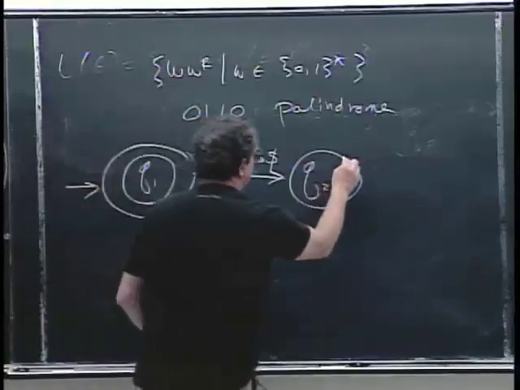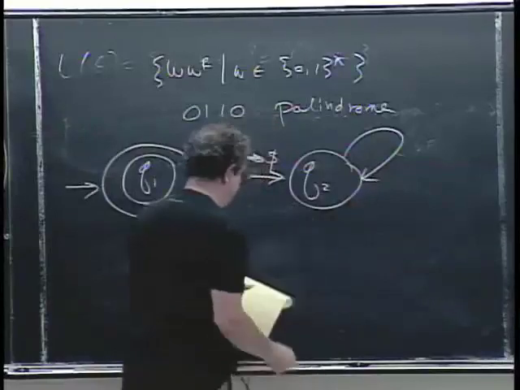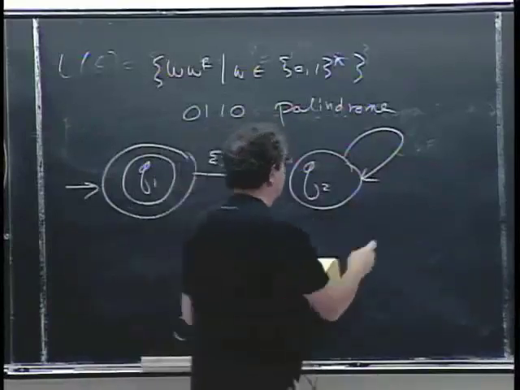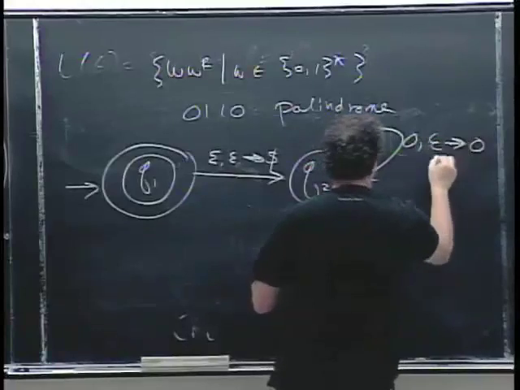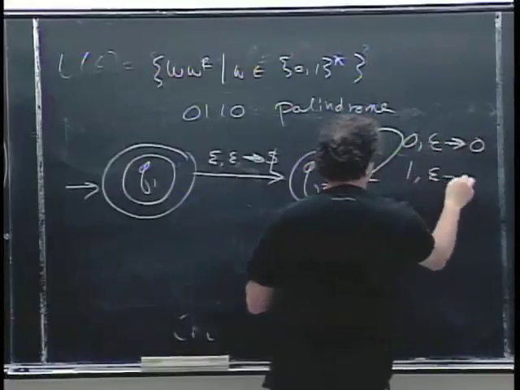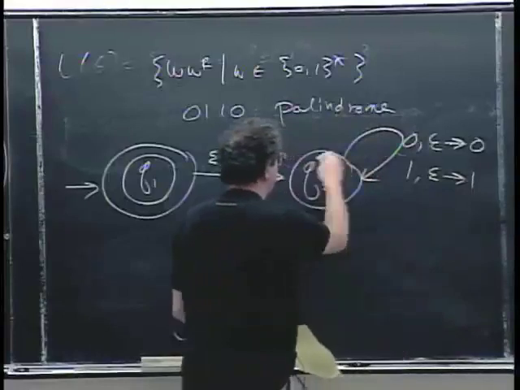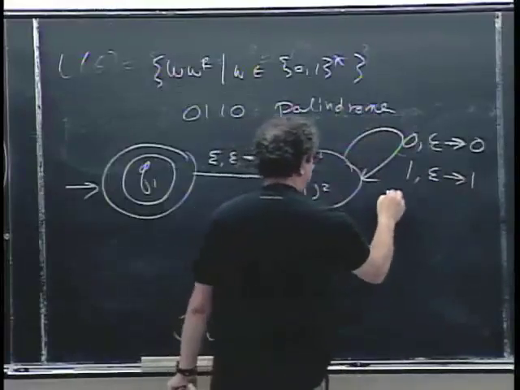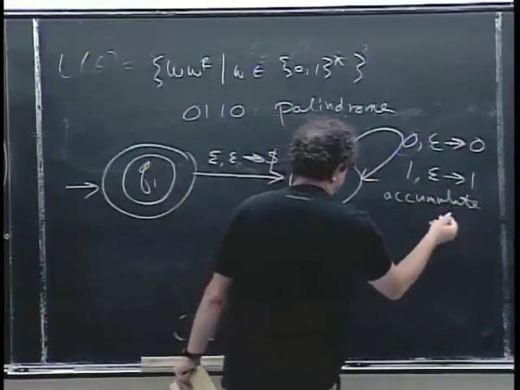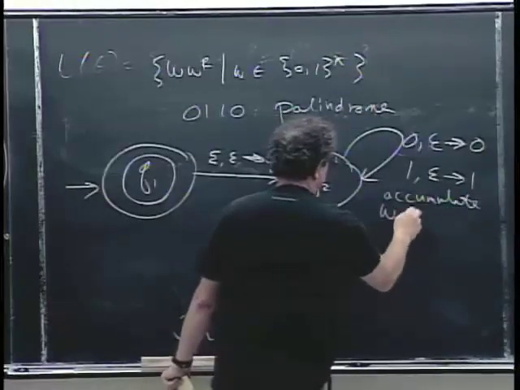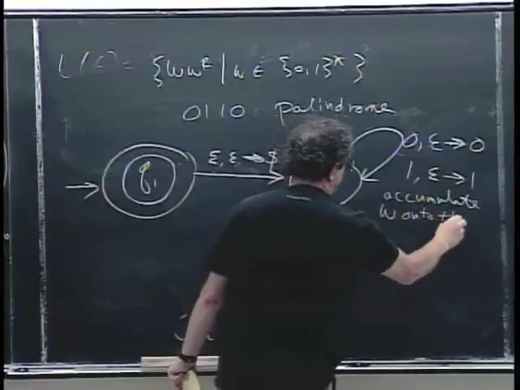So here, we're accumulating W. This is the part of the machine that's going to accumulate, or push, W onto the stack.